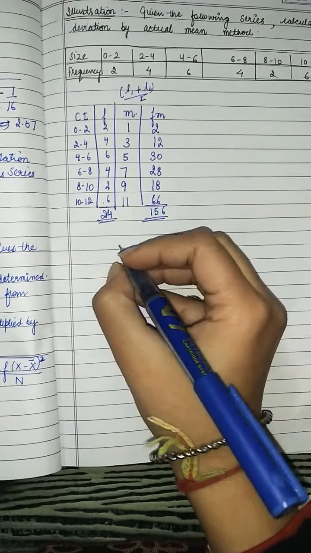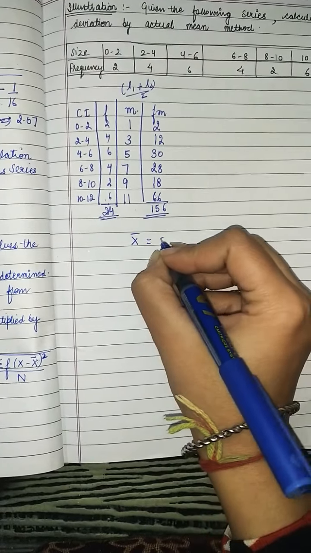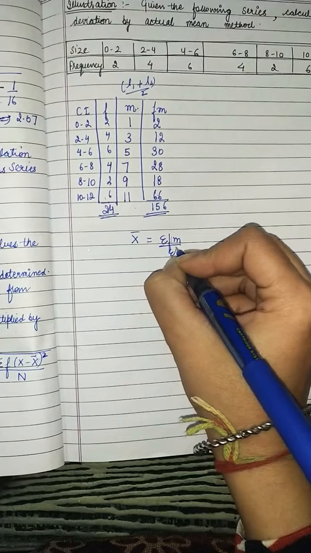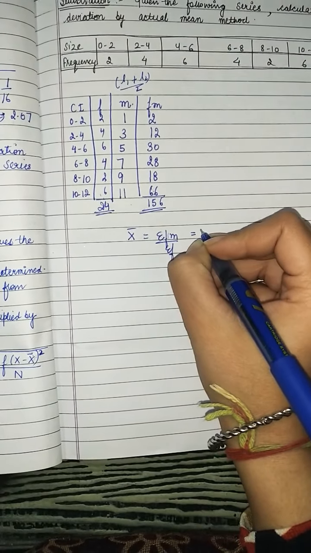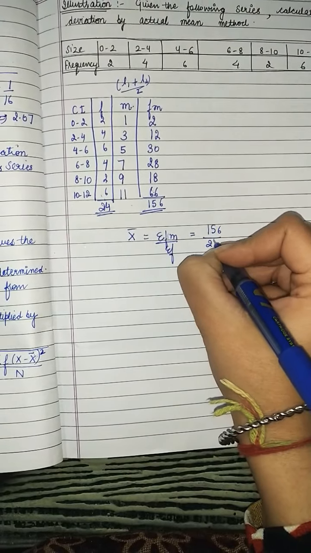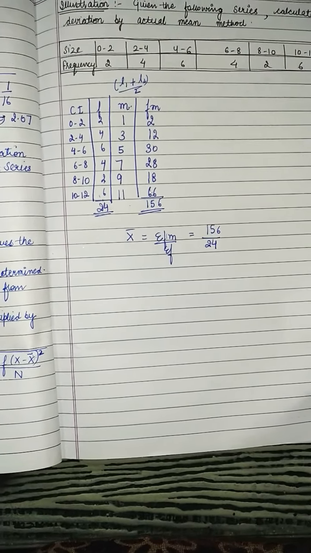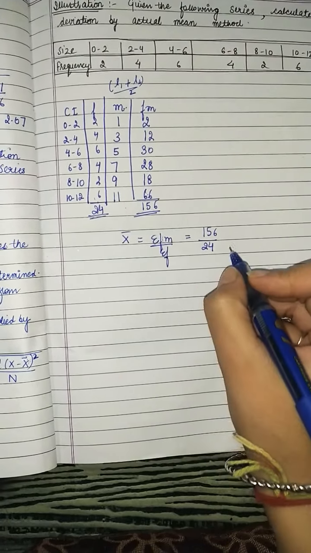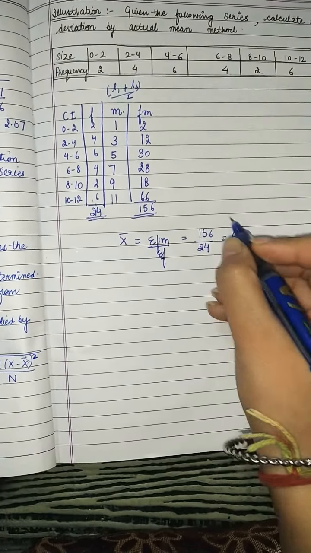So firstly, in the actual mean method, we calculate the mean. The formula for mean is summation of fm upon summation of f, that is 156 upon 24. So the mean is 6.5.